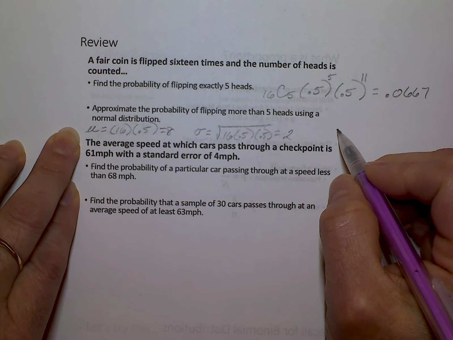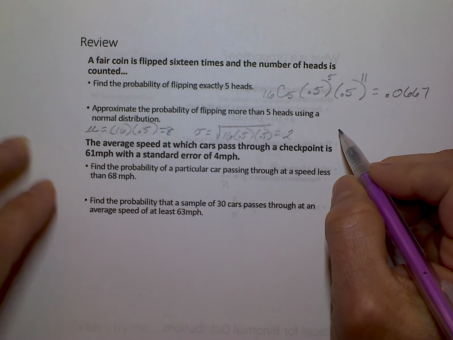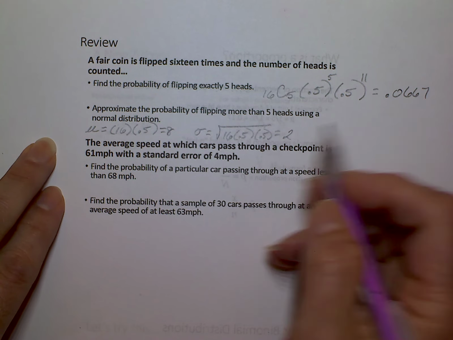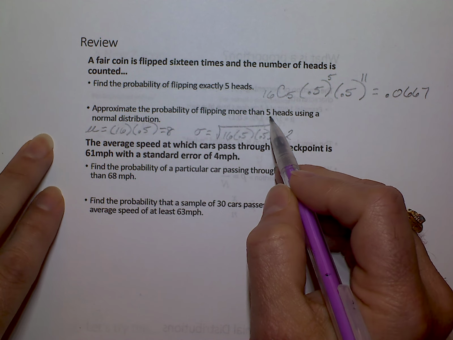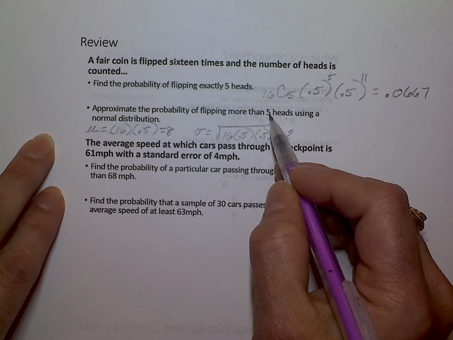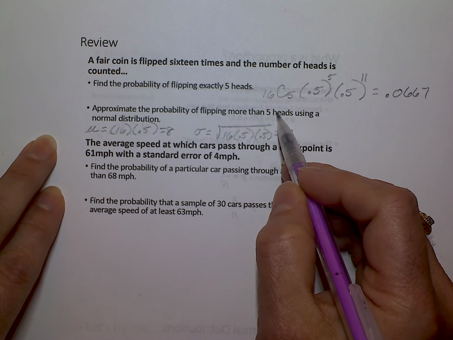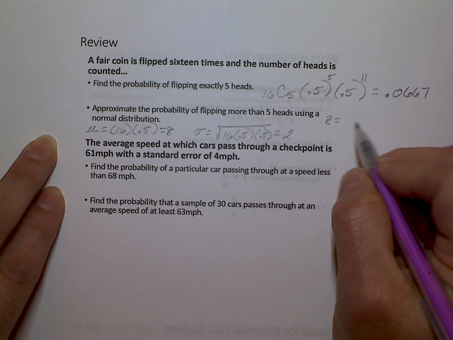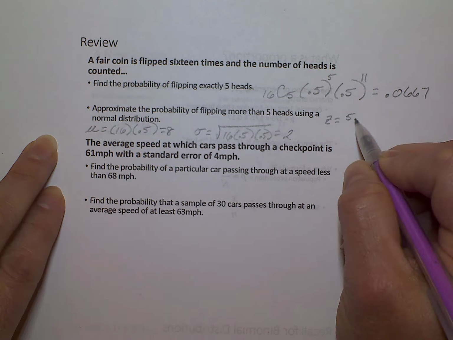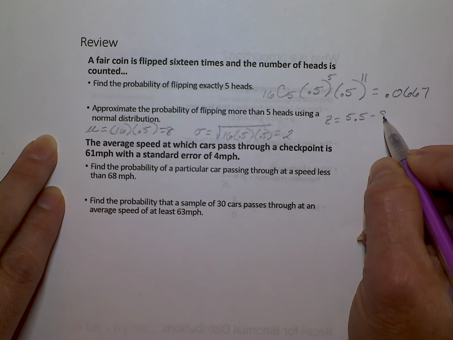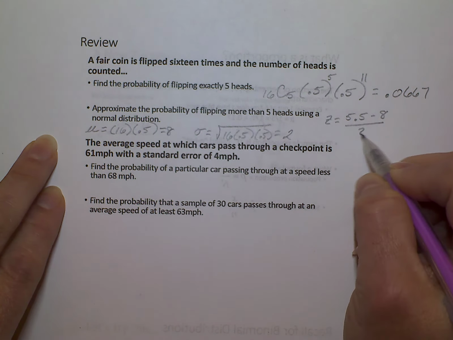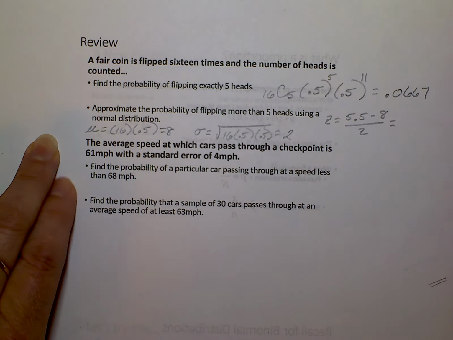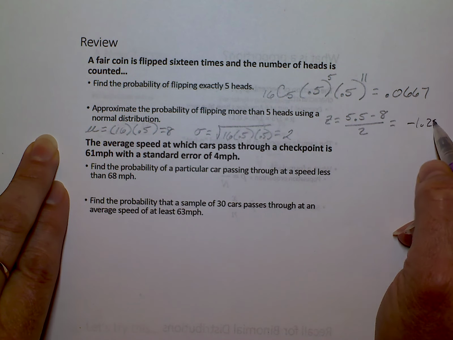The other thing that you wrote down on your formula sheet was to do a continuity correction. I want to flip more than 5 heads, which means I don't want to include 5, so I'm going to go 5.5. To find my z-score, I have 5.5 minus mu over sigma, and that's my new z. That's negative 3 divided by 2, which is negative 1.25.